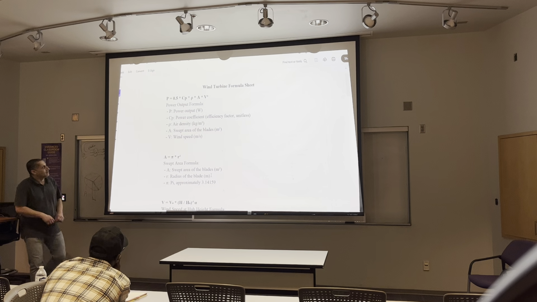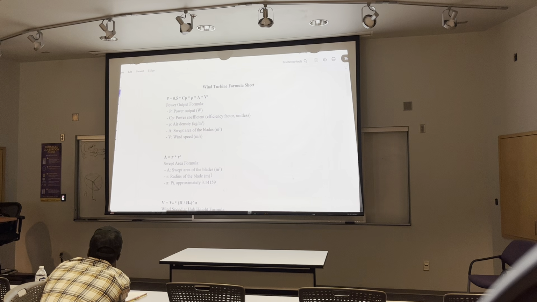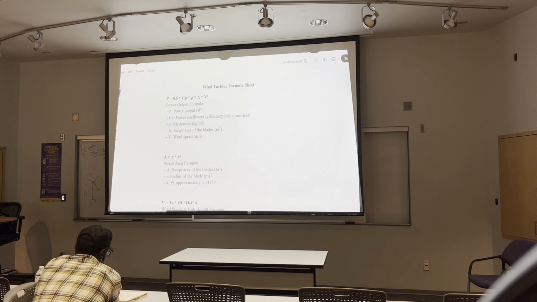Wind turbine formula sheet. You can use this formula sheet to solve the assignments or exam. Okay. First equation: P is the output power from the generator, P = 0.5 Cp rho A V cubed. Cp is the power coefficient.